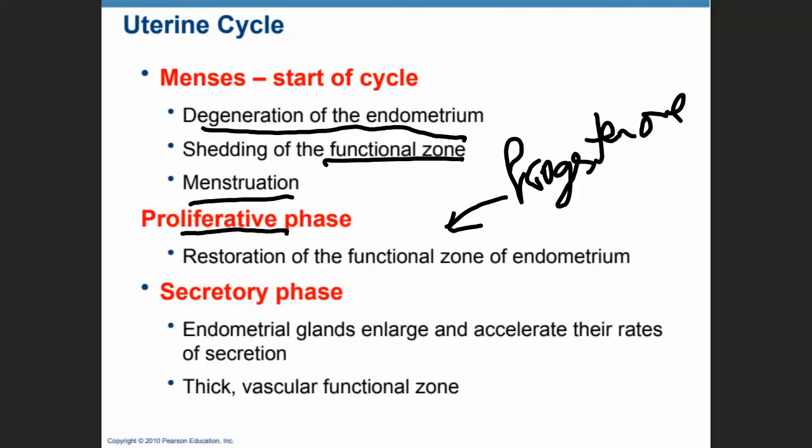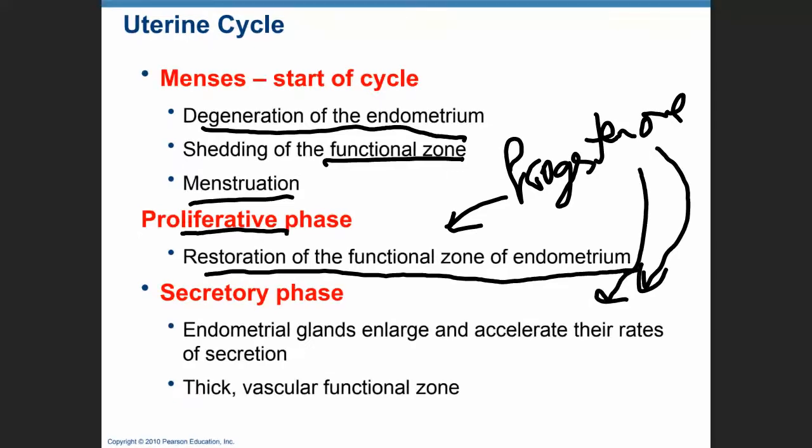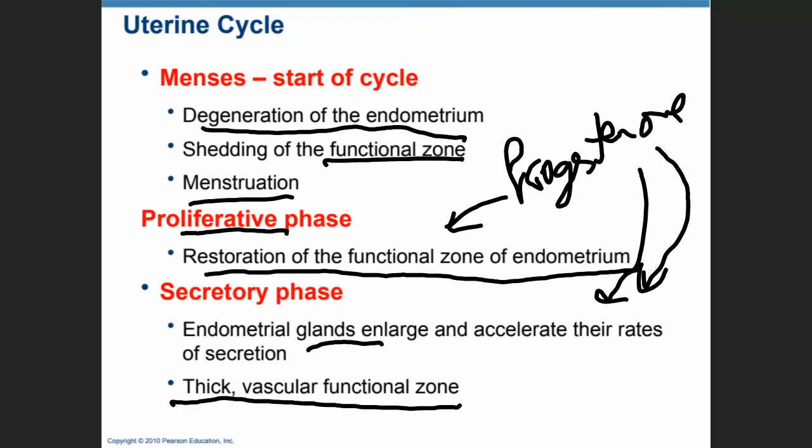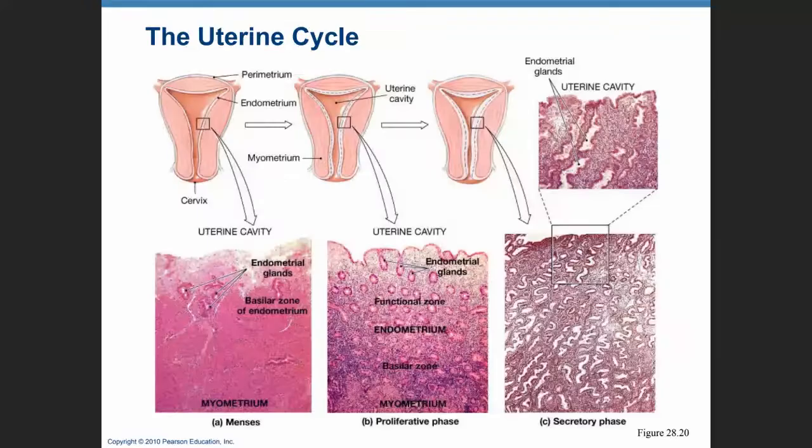The proliferative phase restores the functional zone of the endometrium, and as more and more progesterone is secreted, the endometrial glands in the functional zone enlarge and begin to secrete what would become the food for the fertilized zygote if fertilization takes place. The area becomes very thick and vascular. Again, all this is in preparation for pregnancy.